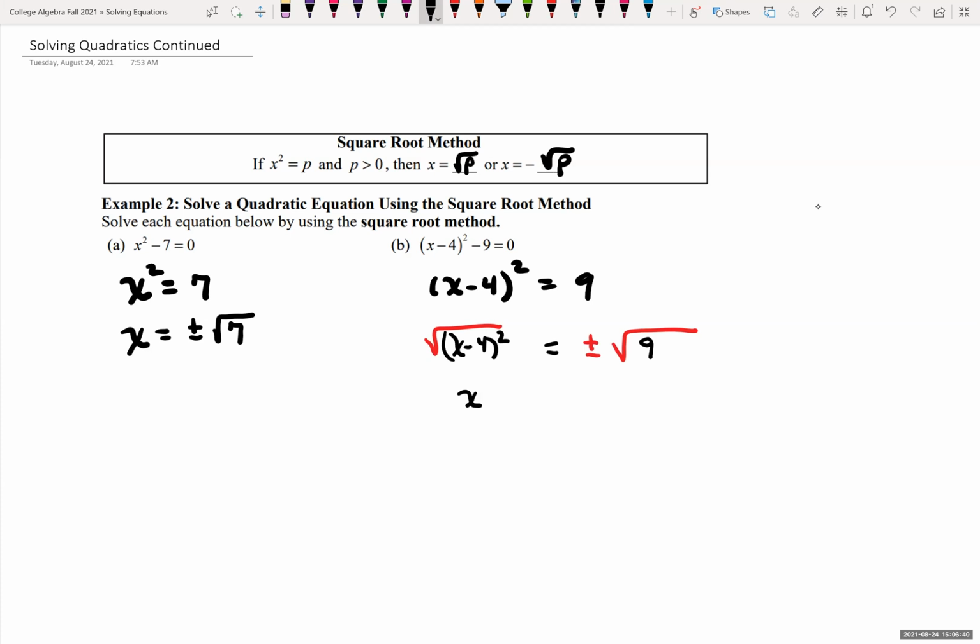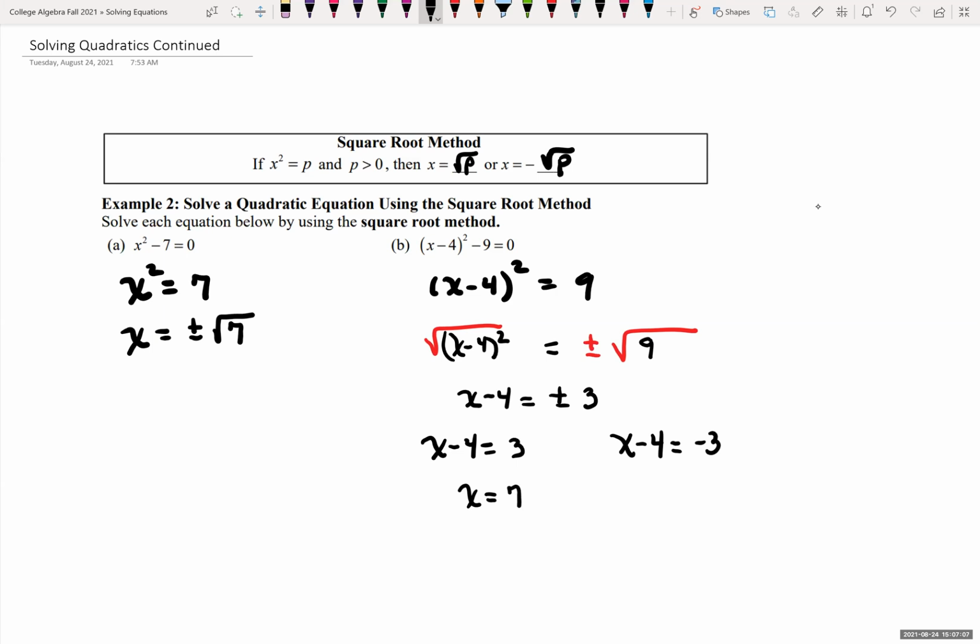So the square root cancels out the square. We're left with x minus 4 on the left is equal to plus or minus square root of 9, which is 3. So in this case, because this is a whole number, let's write this as 2 separate equations. We have x minus 4 equals positive 3, and we have x minus 4 equals negative 3. So adding 4 to both sides, we get x equals 7.